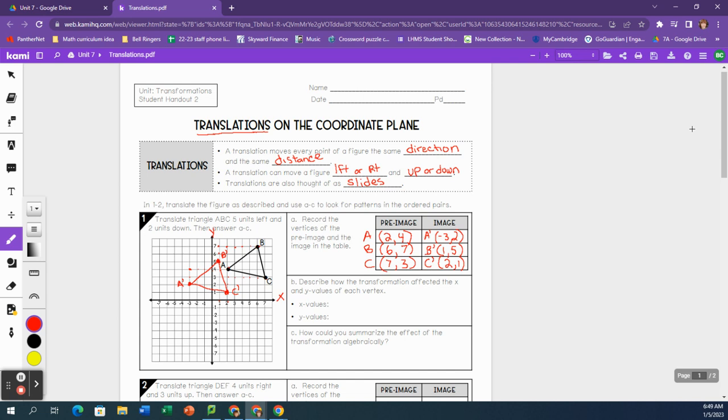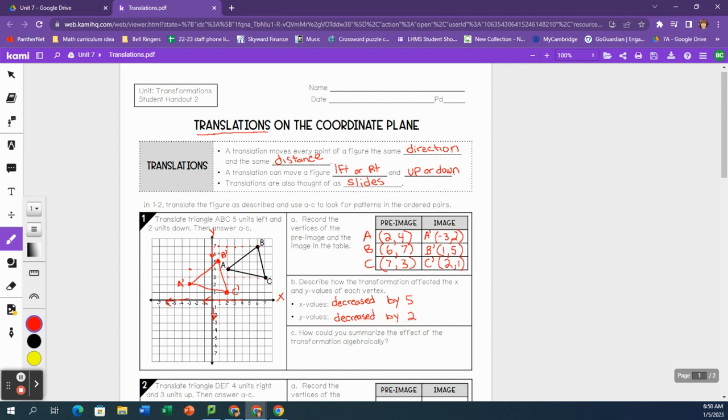So it decreased by 5 because we went this direction, and this direction is smaller. So we decreased by 5. The y values went down, so they also decreased by 2.